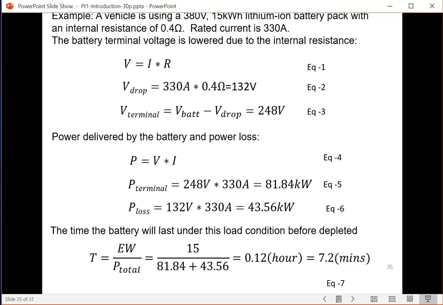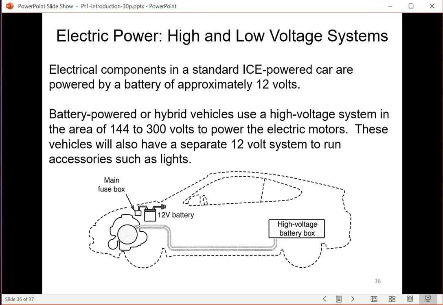So on a typical electric car, you will have at least two different voltage levels. Let me rephrase. On an electric vehicle or hybrid electric vehicle, you will need at least two different voltage supply sources.